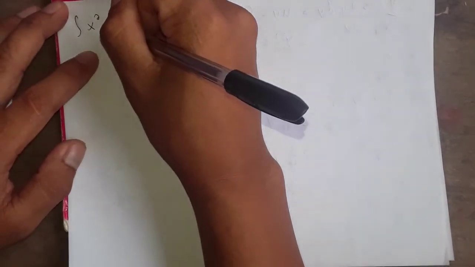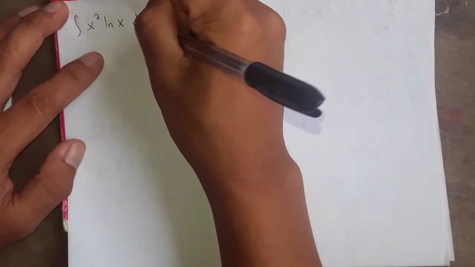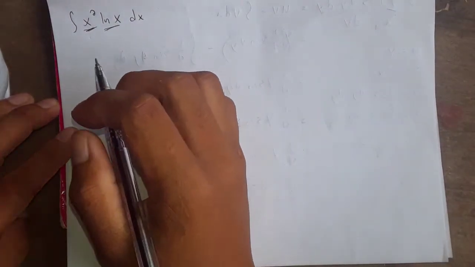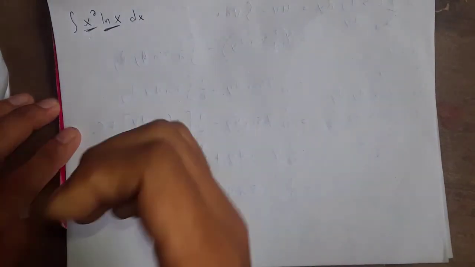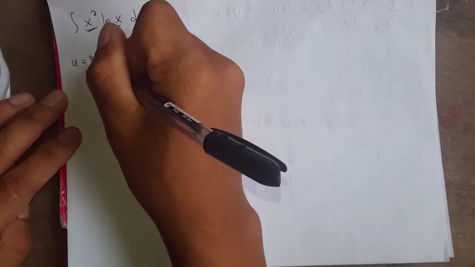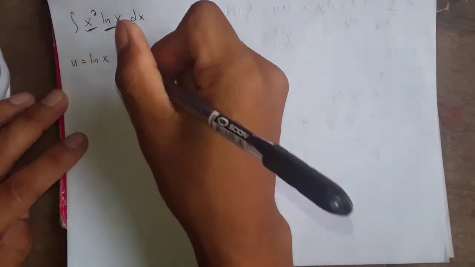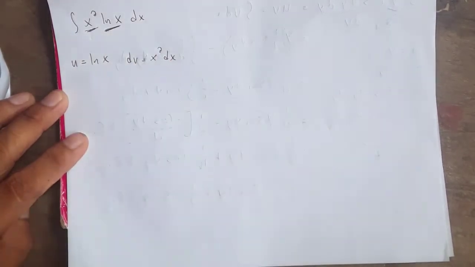So last example, how about if we're going to integrate the function of x squared times the natural logarithm of x dx. So in this function, what you're going to represent here as u is the natural logarithm function, which is ln x. So by representing our u equal to ln x, therefore the residual function is equal to dv, which is equal to x squared dx.